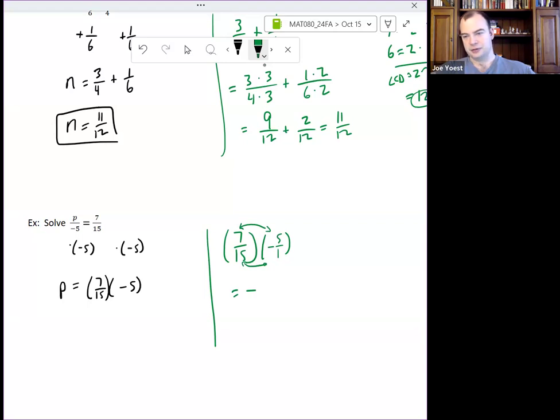So I get negative 7 times 5 over 15 times 1. And I'll write out another step here. And see that 15 can break into a 3 times 5, and I can divide out the 5s with my equivalent fractions property. This gives me -7/3.